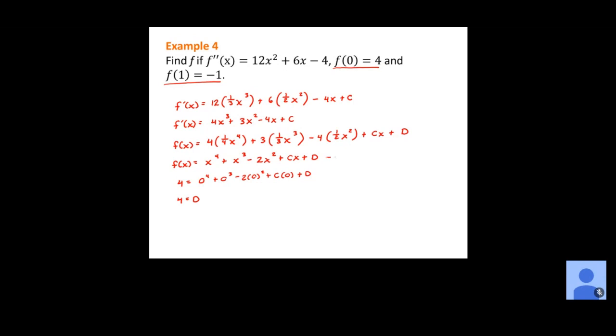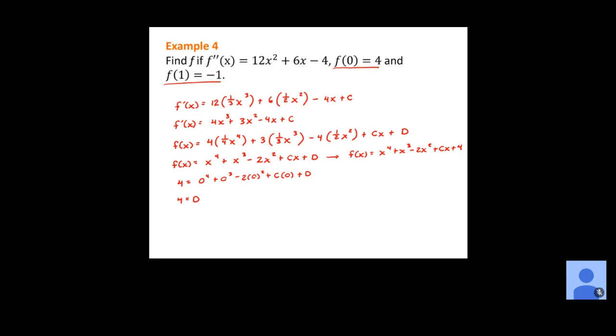All right, so now that we know that, I can write f of x is x to the fourth plus x cubed minus 2x squared plus cx plus 4. Now we have another point that we can use to help us find the c value.